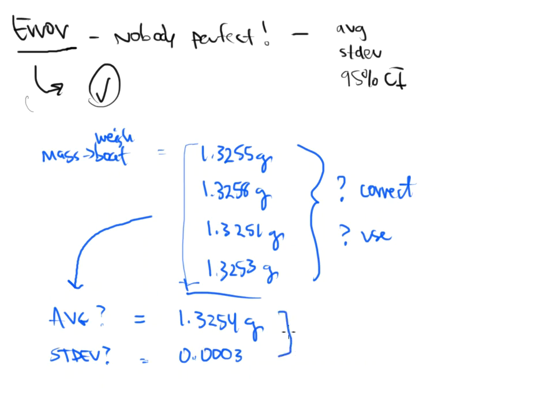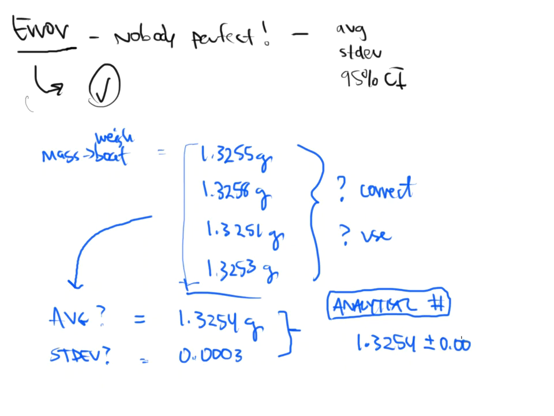So I can take these two numbers and report what we would call an analytical number. Now, this is something that we really haven't actually done or talked about at this point in the semester. An analytical number is basically the average, 1.3254, plus or minus the standard deviation associated with those calculations.